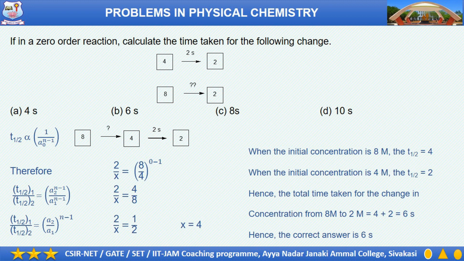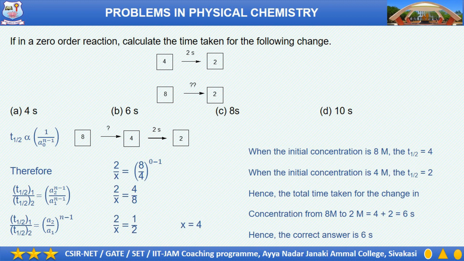But the initial concentration, 8 has changed to 2. It is not converted into 4. It is converted into 2. It is further undergoing decrease. Therefore, this is 4 for this process. This is 4 second. This is 2 second. This is the final one. Therefore, which is the correct answer, 6 seconds.